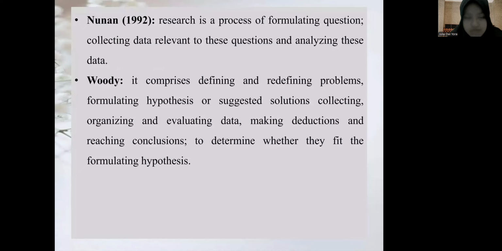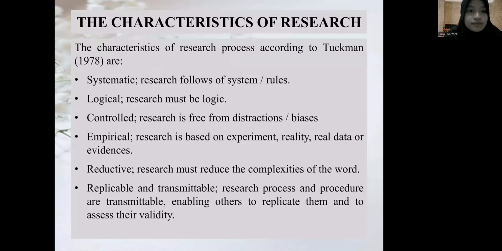And from Woody, it comprises defining and redefining problems, formulating hypotheses or suggested solutions, collecting, organizing and evaluating data, making deductions and reaching conclusions, and also determining whether they fit the formulated hypothesis. That's what we call research.